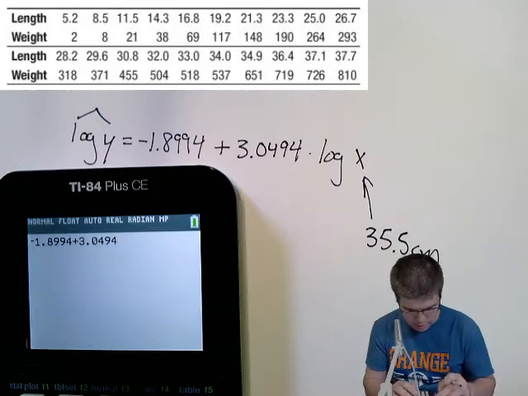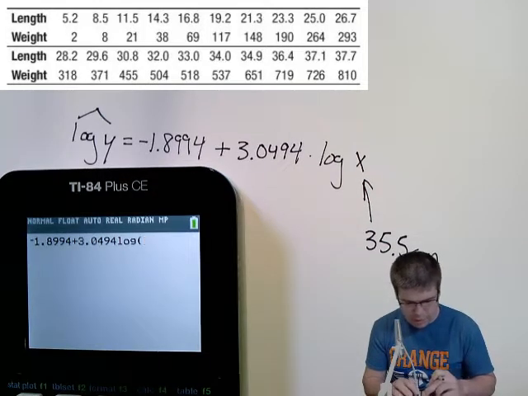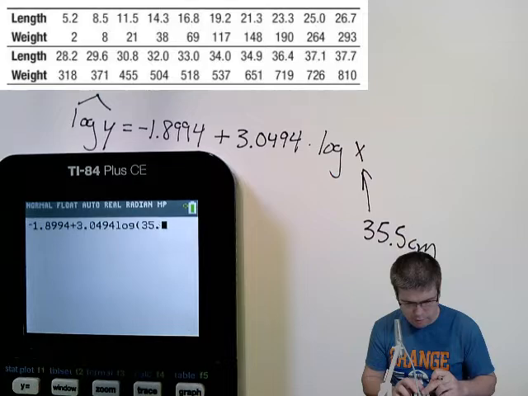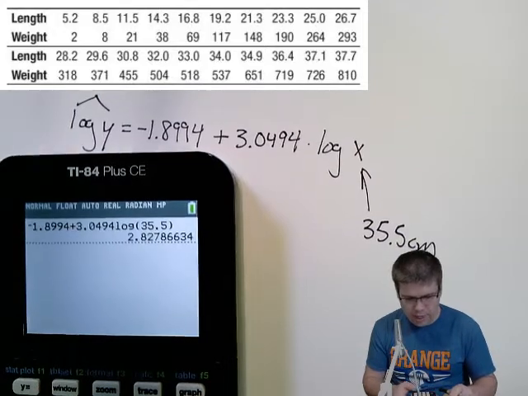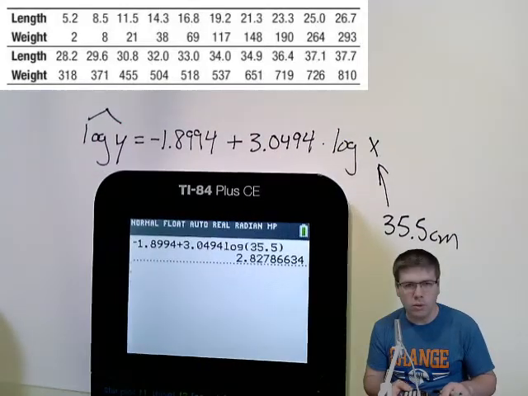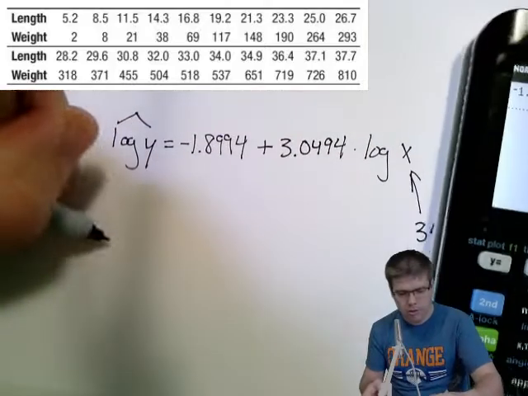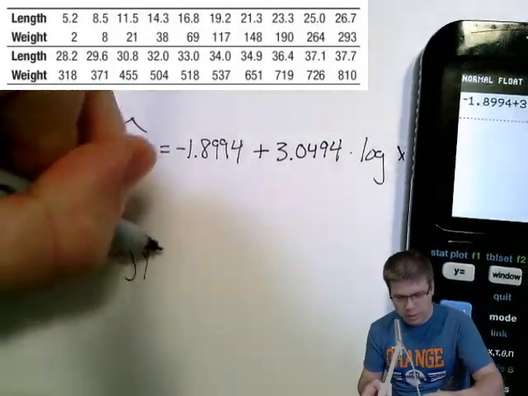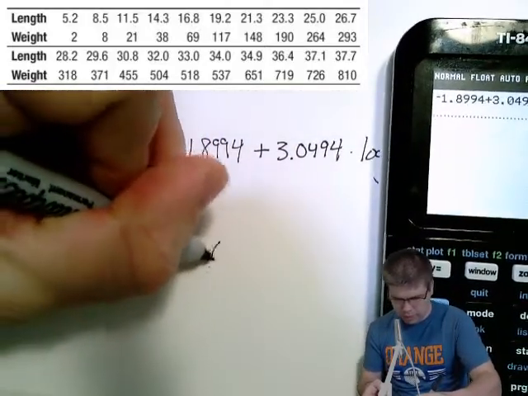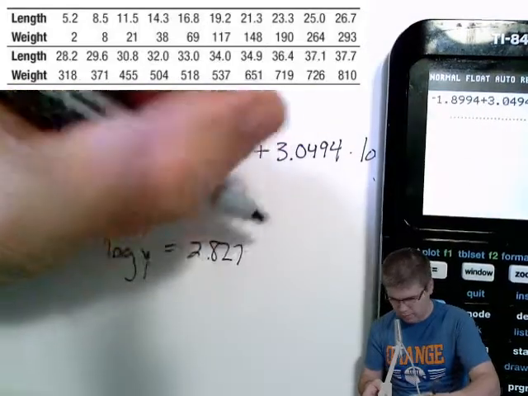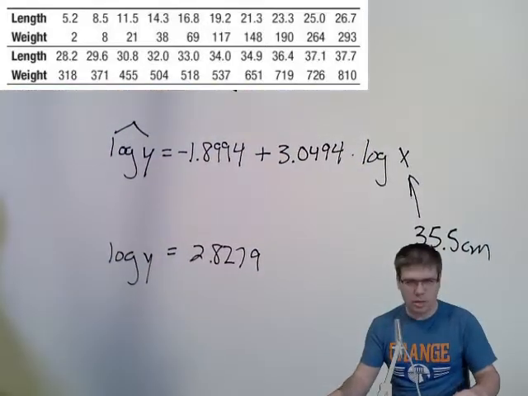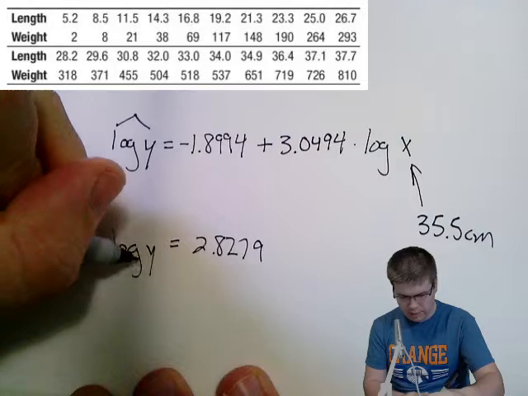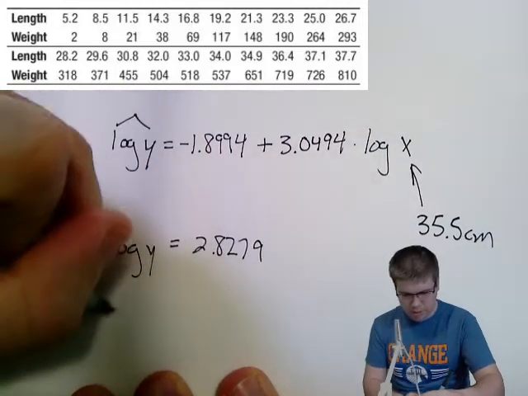So log of x, and I decided to plug in 35.5. And so I get that log y is 2.8279, I guess.